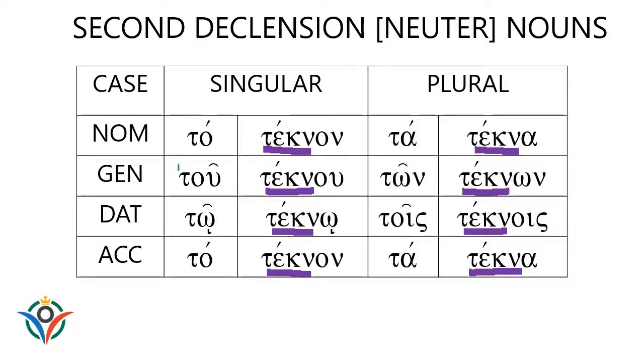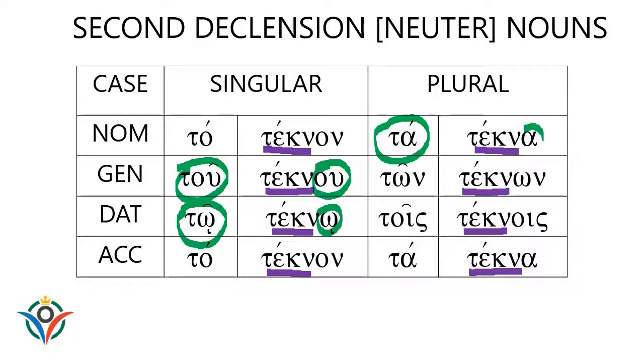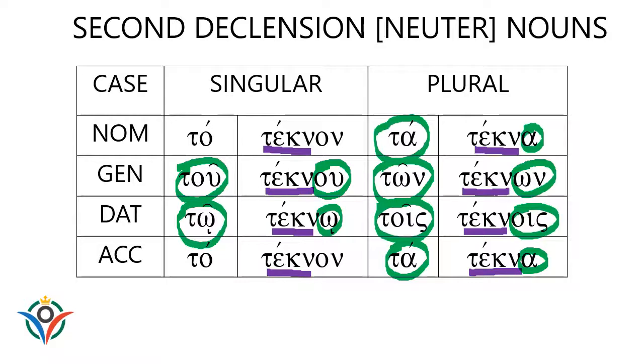The tou matches the ou in the genitive, the tō matches the ō in the dative, and so on for the nominative plurals, the genitive plural, the dative plural, and the accusative plural. The only ones that don't match are the nominative singular and the accusative singular, where we have the additional nu that is attached to the end of the stem.